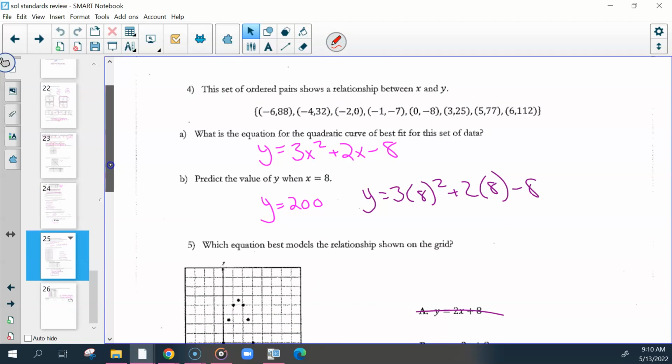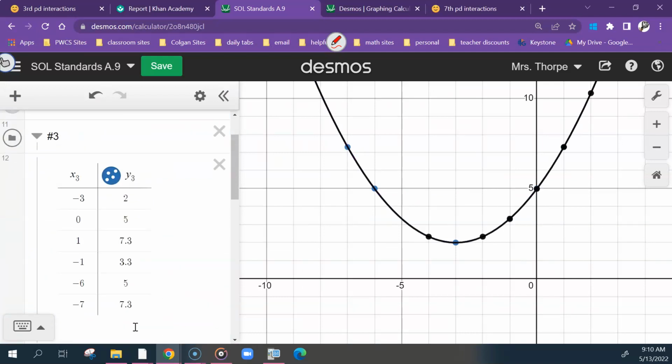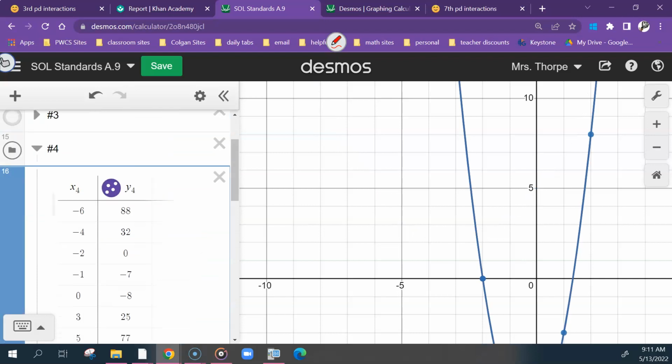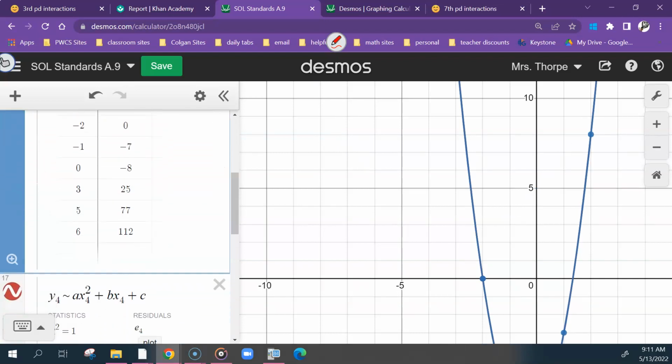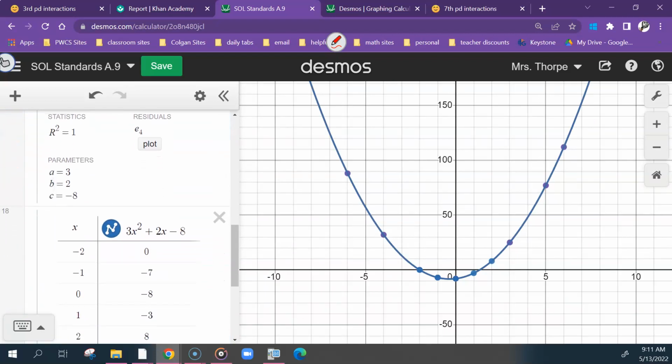Number 4 is another problem where we're doing quadratic curve and we have to find y value when x is something. So you would put in all your data and you would get these values: 3, 2, -8.